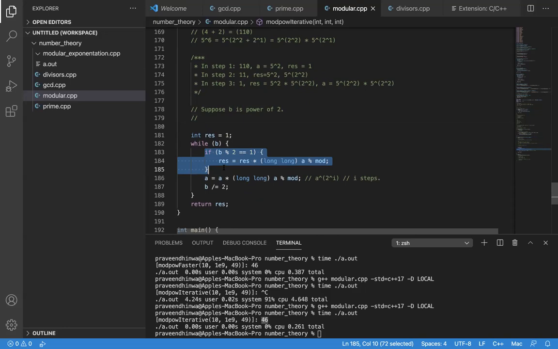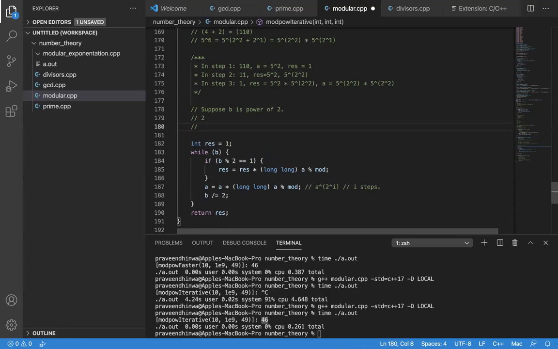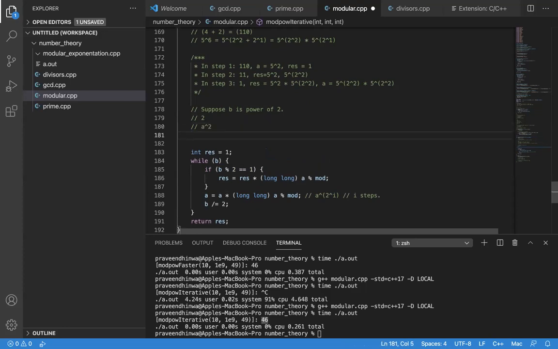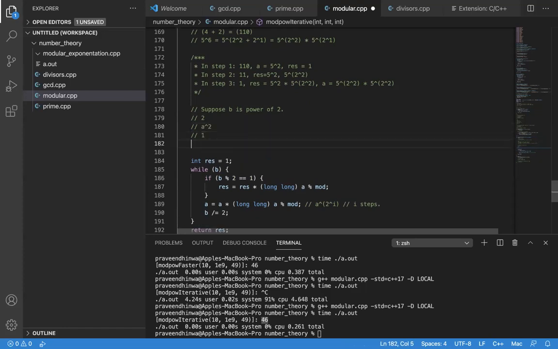Yes, it will be executed in the end. Because suppose B is 2, so initially in step 1 it won't be executed, and you will just have A equal to A square, and then in the next step B will become 1, and you will have range equal to A square. So at B equal to 1, this condition will be executed.